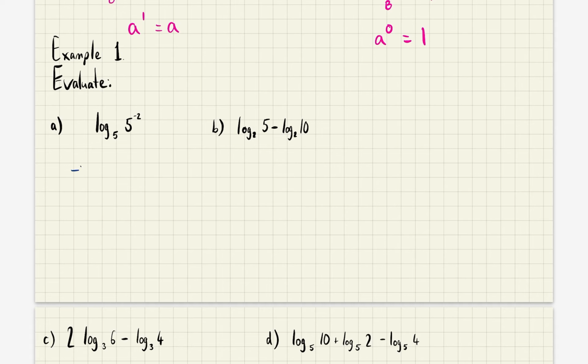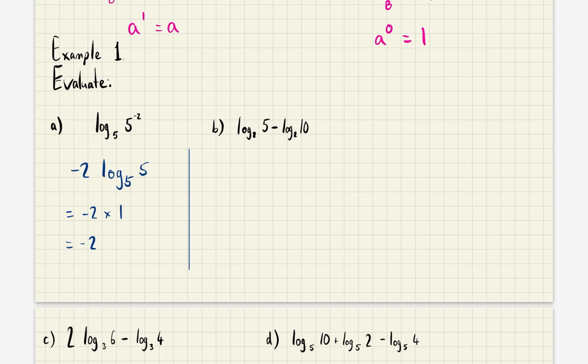So if I do that, I'm going to have negative 2 log base 5. And one of the properties was if these 2 numbers match, then this whole thing is equal to 1. So this is the same as negative 2 times 1, so the answer is just negative 2.